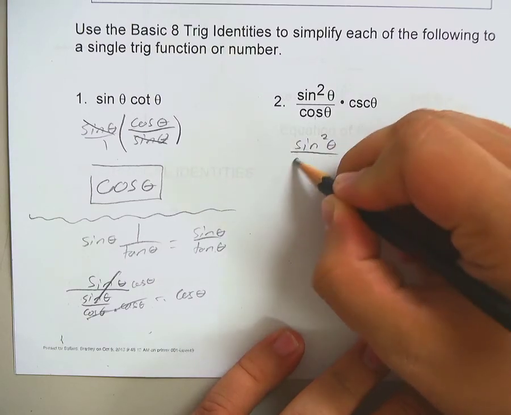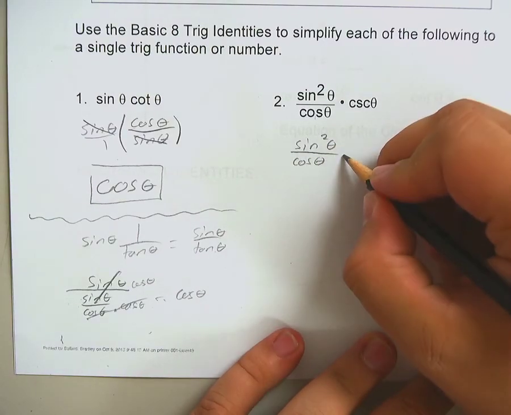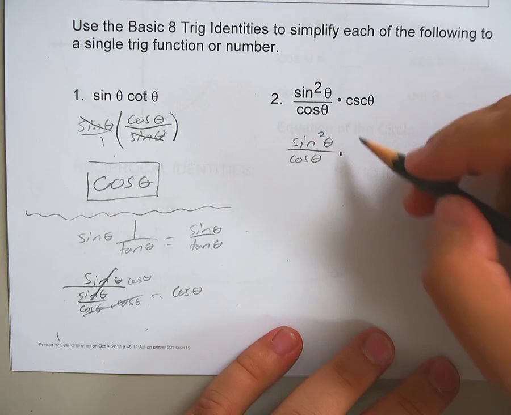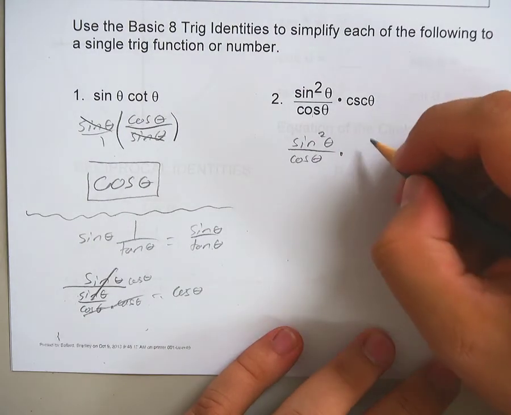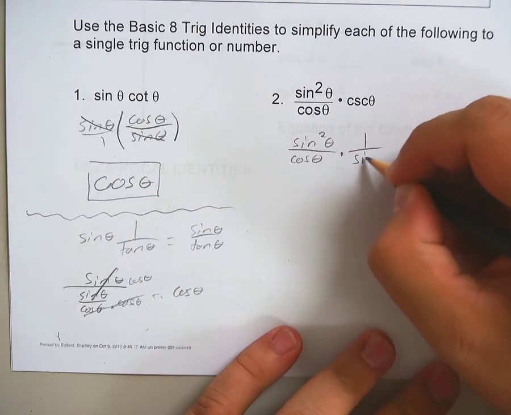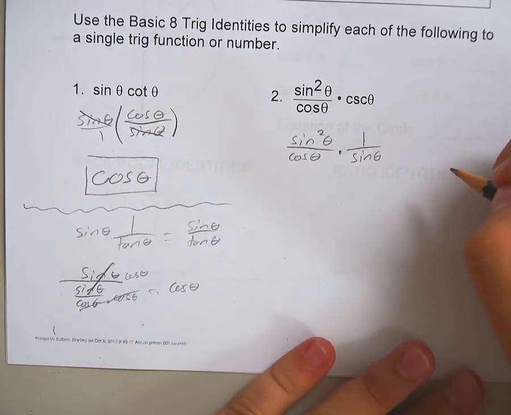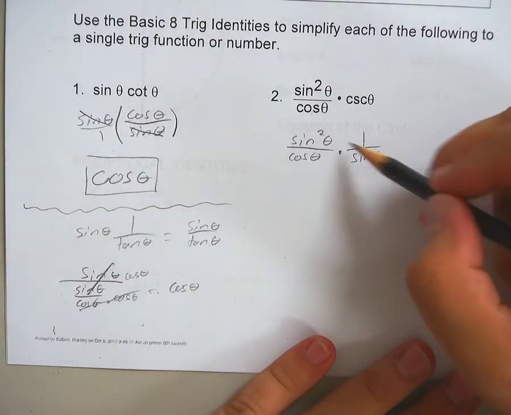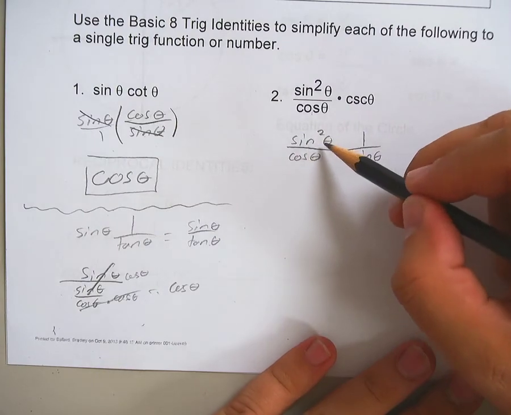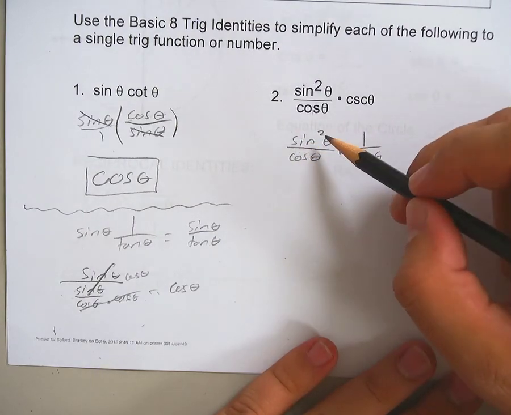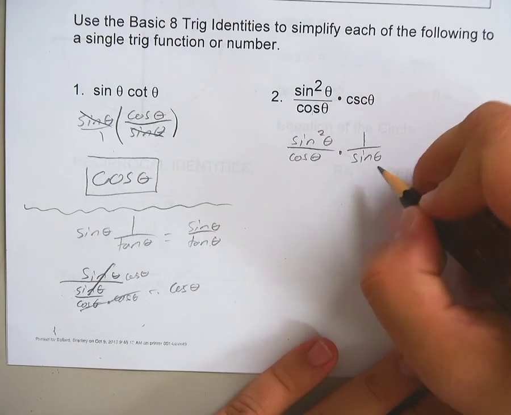Sine squared theta over cosine theta times cosecant theta. I can change that to 1 over sine theta, right? And now I'm multiplying by sine squared. Remember, this is sine theta times sine theta. And I'm dividing by sine theta.